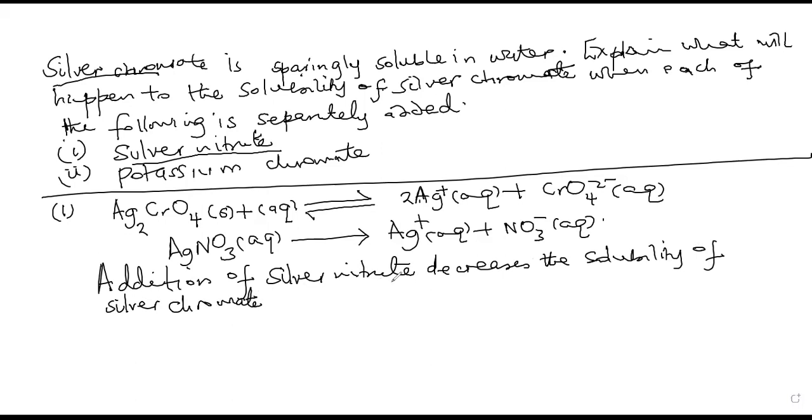That is a general thing. Whenever you add a common ion, the solubility of a sparingly soluble salt reduces. Why?